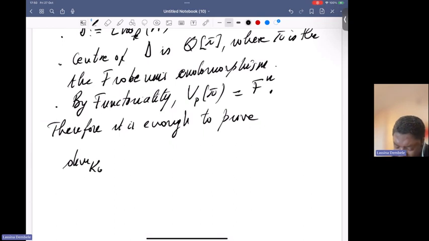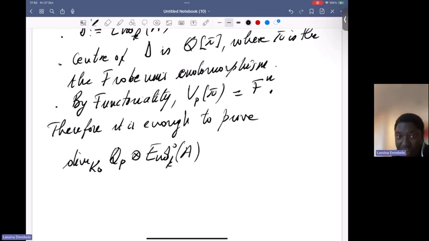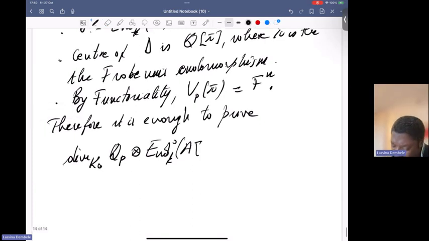So we want the dimension over K0. We take Qp tensor with the endomorphism algebra of A. In this case, we're going to look at the p divisible group.